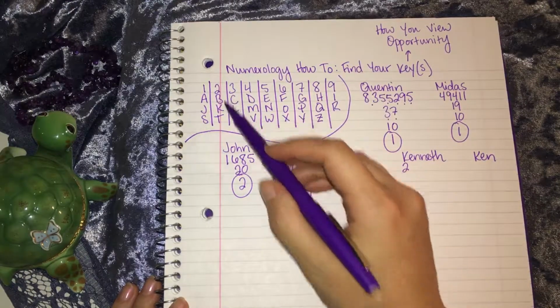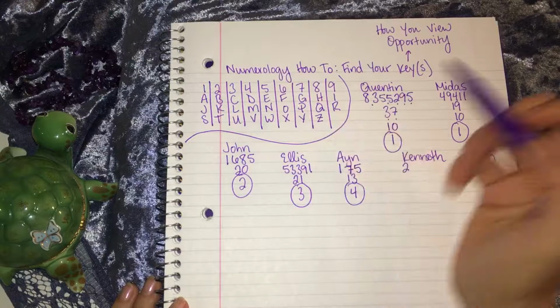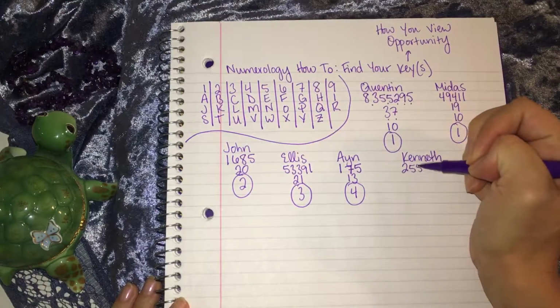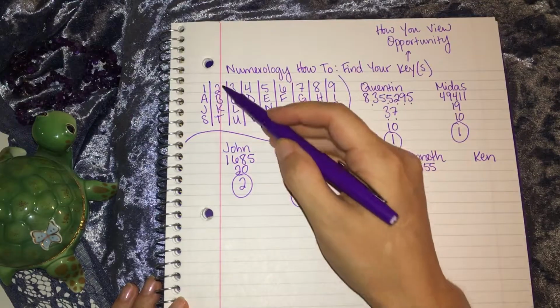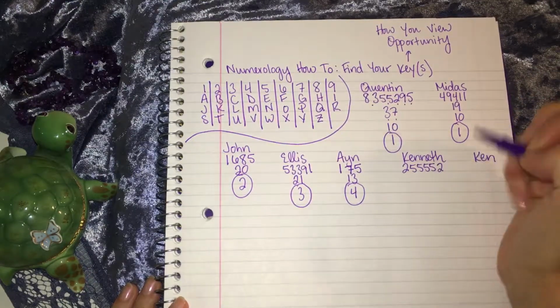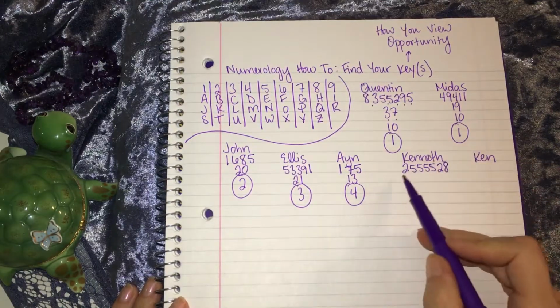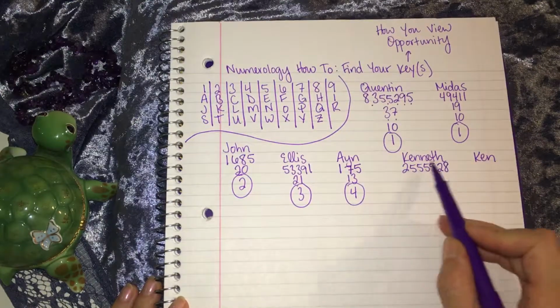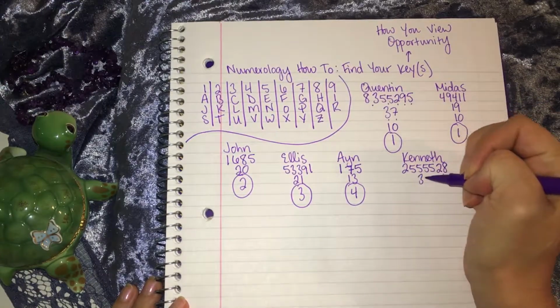So K is a 2. E's and N's, you can see them together there, they're both 5. So really we have 4 5s in a row. And then T is a 2. H is an 8. So when we add all of these together, look at those 4 5s, that's 20, that makes 32.